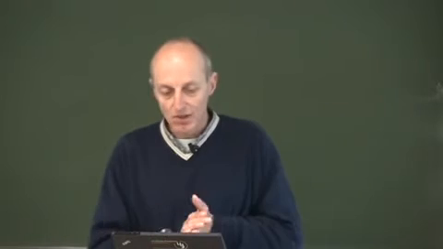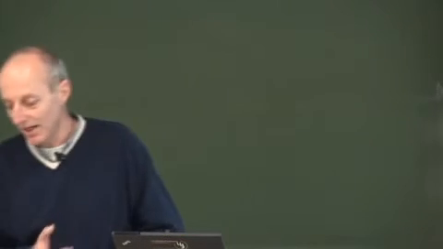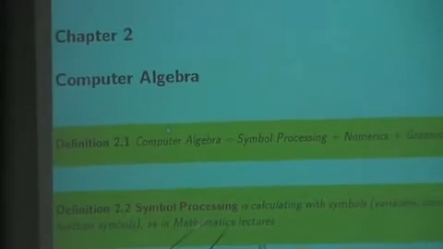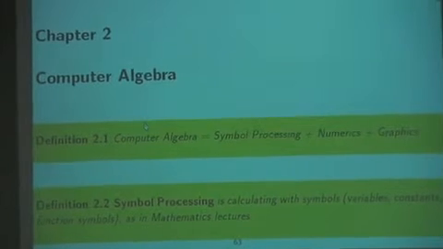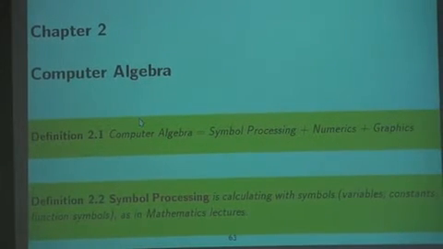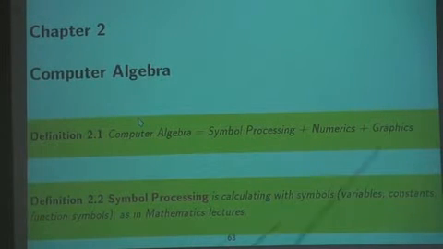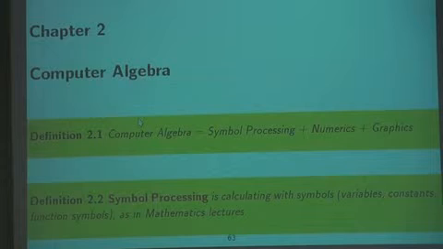Okay, so here you see a definition of computer algebra, and it says this is symbol processing plus numerics plus graphics. Numerics and graphics are not anything really new for you.